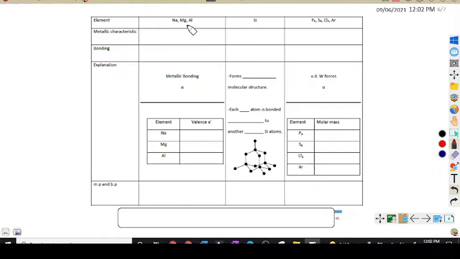For the elements sodium, magnesium, and aluminium, they are metals, so they will have metallic bonding.